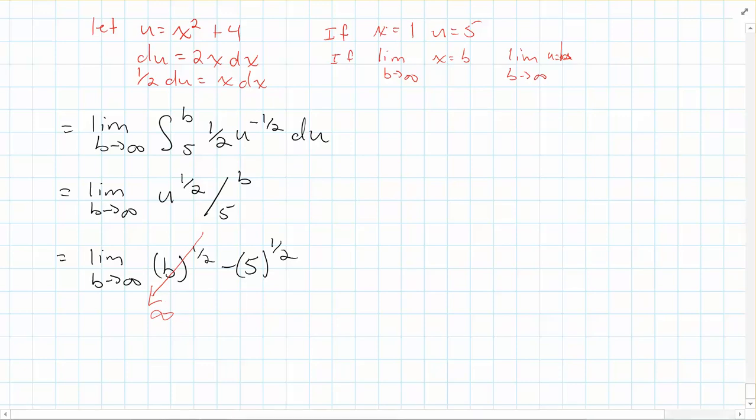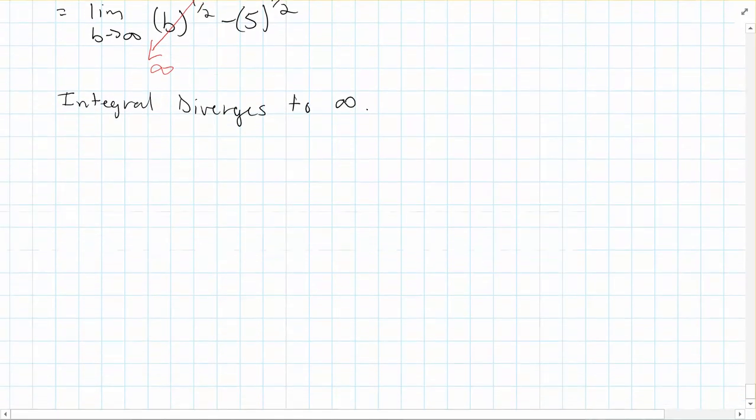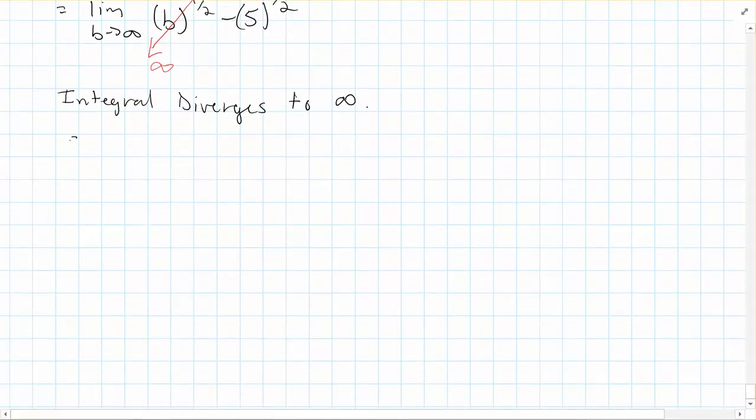So the integral diverges to infinity. So what's our conclusion then? Our conclusion is that the series diverges. Now, I wouldn't say a series diverges to infinity, although that is probably what it goes to. We just really are interested in the fact that the series diverges.